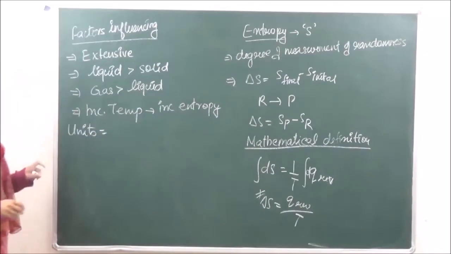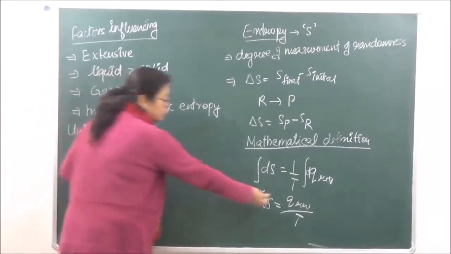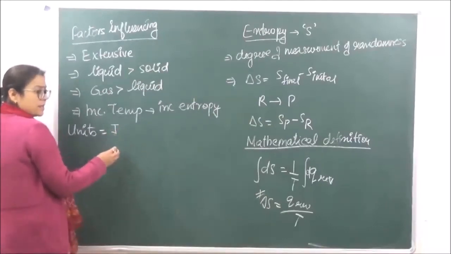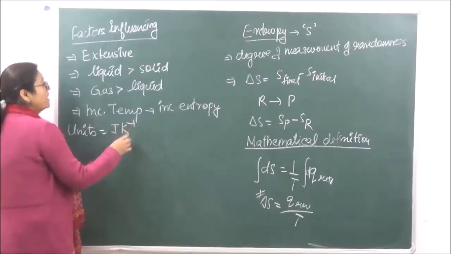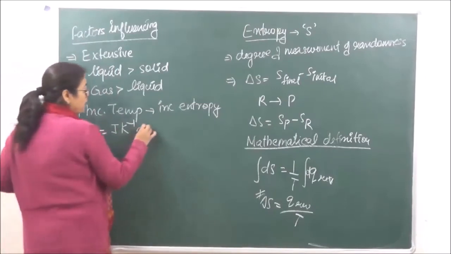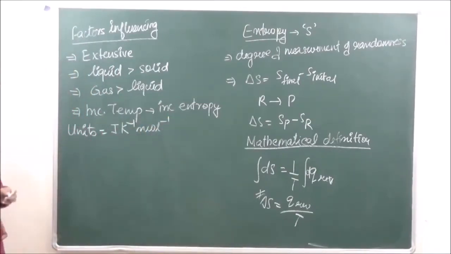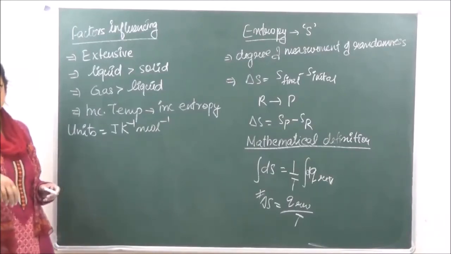Now, what are going to be the units of entropy? As it is an extensive property, the unit is joules per Kelvin, since Q is in joules. As it is an extensive property, we are going to take per mole. So the SI unit of entropy is joules per Kelvin per mole.